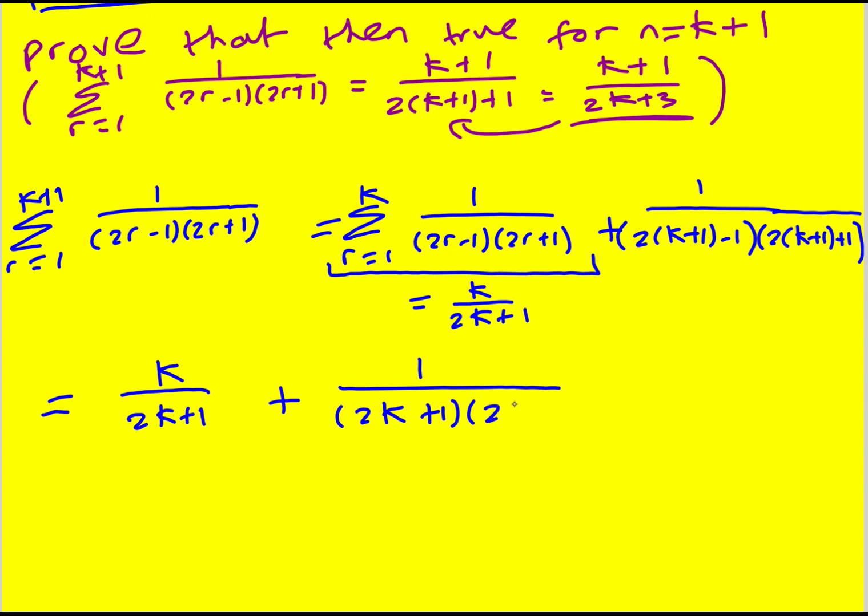And then 2k plus 2 plus 1, so that's plus 3. I've just got to add these algebraic fractions. What I can do is put them over a common denominator. So just times the left-hand one by 2k plus 3 over 2k plus 3. That's going to be our lowest common multiple.